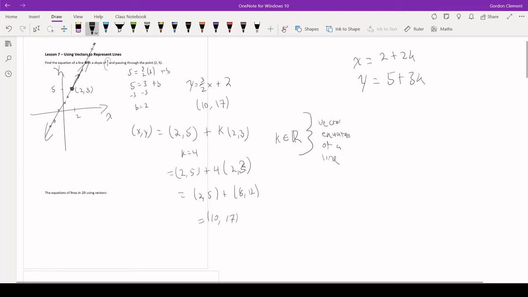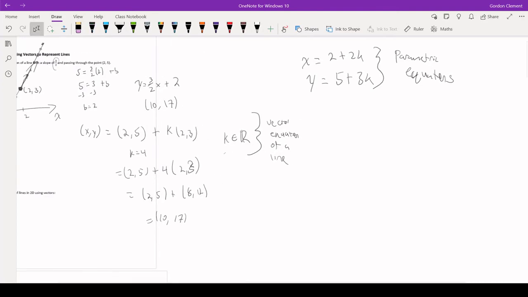If I take just the x things, I get x equals 2 plus 2 times k, so I wrote 2k. And if I take just the y things, I get y equals 5 plus 3 times k, and again I'd have to state that k is a real number for communication. These are called the parametric equations of that line, so we're breaking it down into its separate parameters.